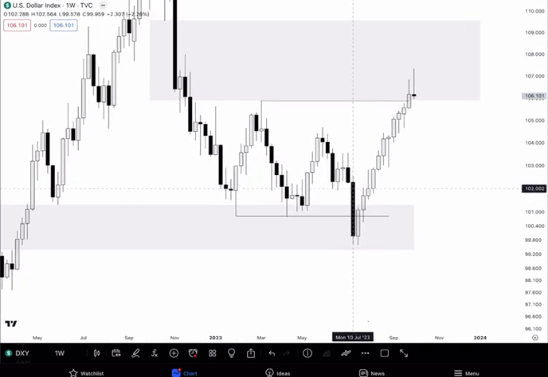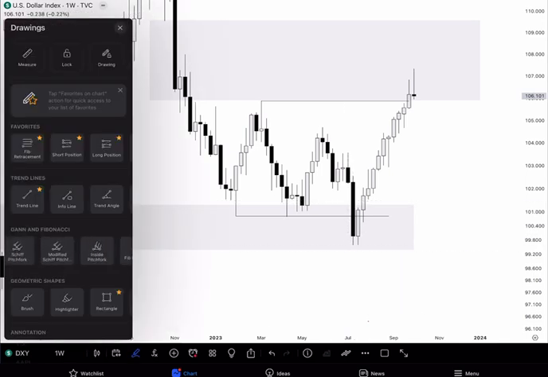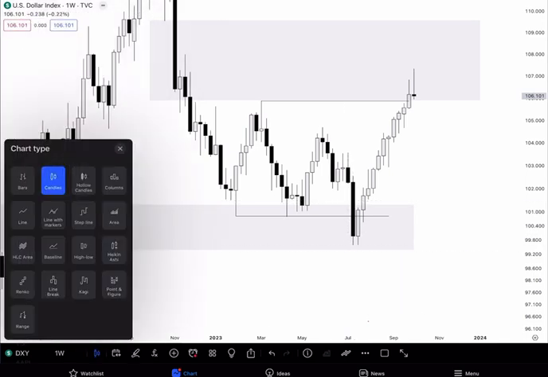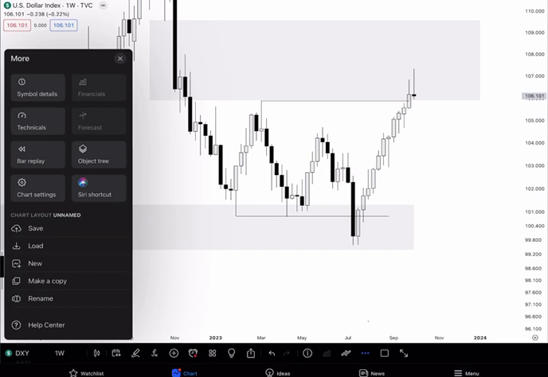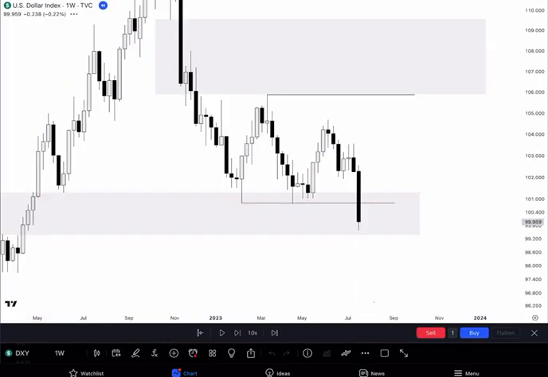This candle digs into the low, right? As soon as this close happens, I start to get interested in the trade idea.